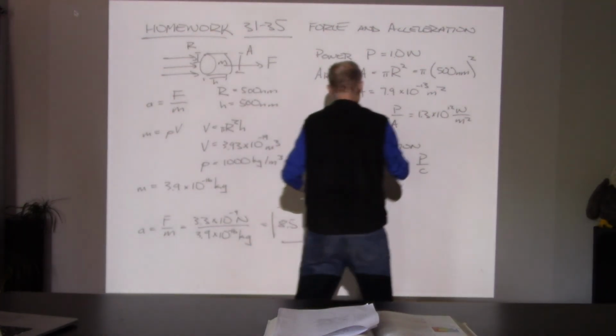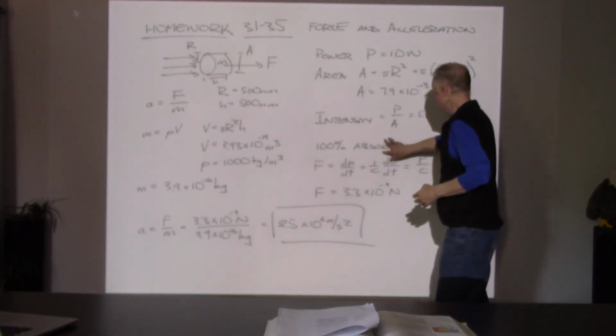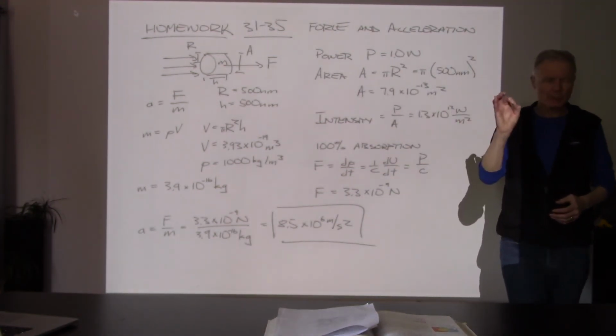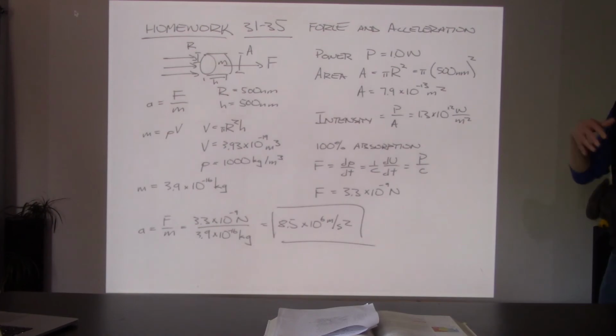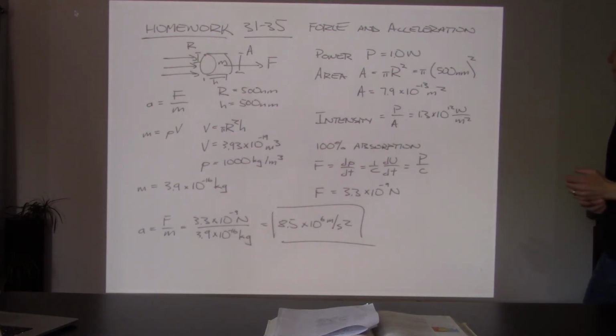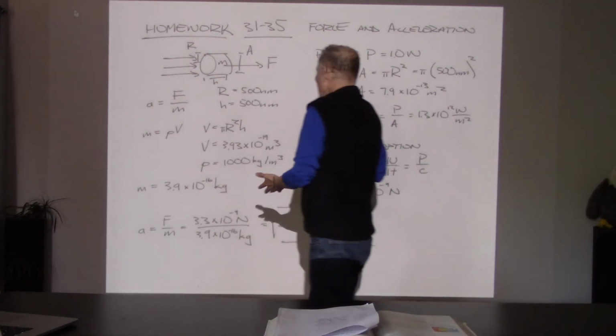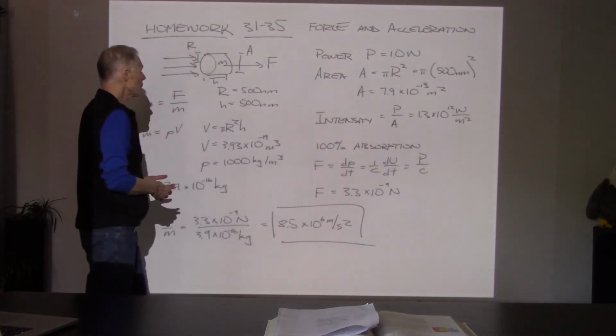If you've got these little tiny structures and they're 100% absorbing, and you hit it with something really powerful for a period of time, you could vaporize the material. It could heat up and not be able to dissipate the heat rapidly enough. I think that's a risk here with the numbers that we're given.